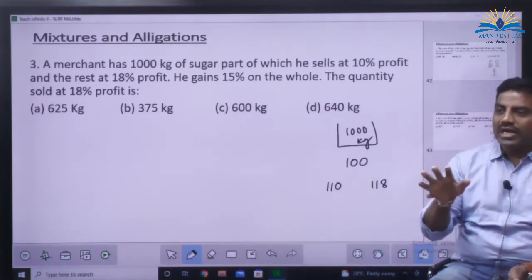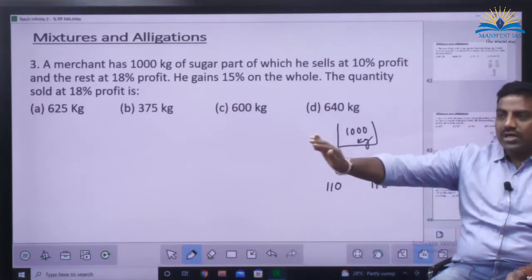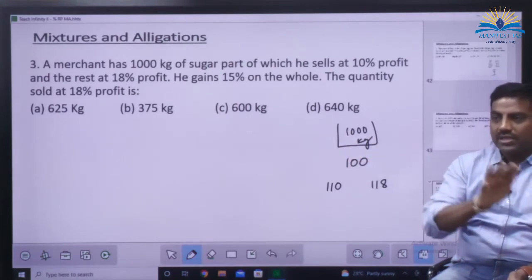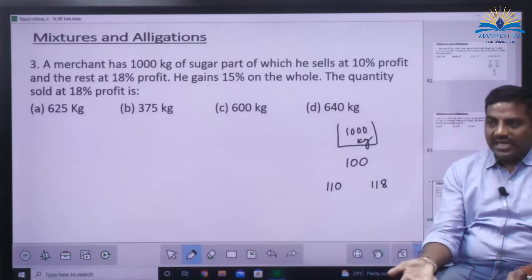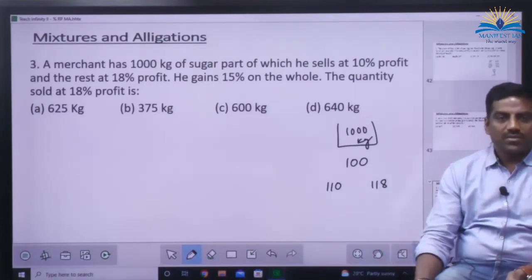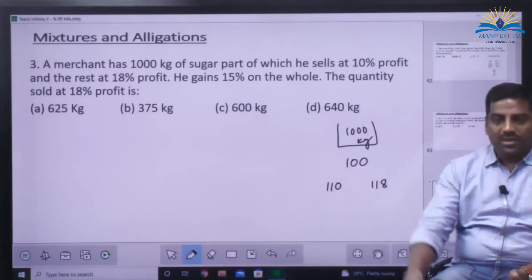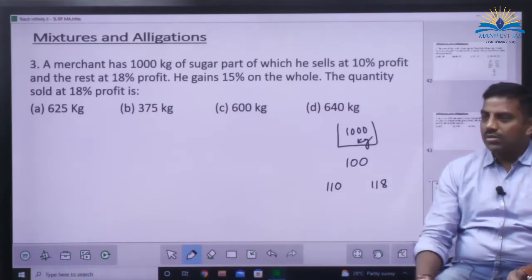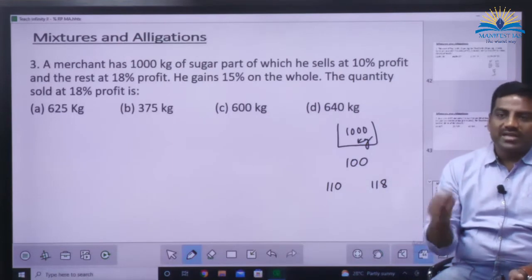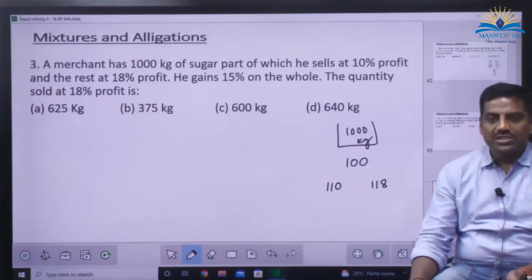See, one way of doing it: sell some sugar for 10% profit, sell some sugar at 18% profit. At the end, you are counting and seeing that you have got 15% profit. One more shopkeeper will not do any discrimination. He will sell the entire sugar at 15% profit. Even he will count at the end of the day. For him also, the profit is 15% only.